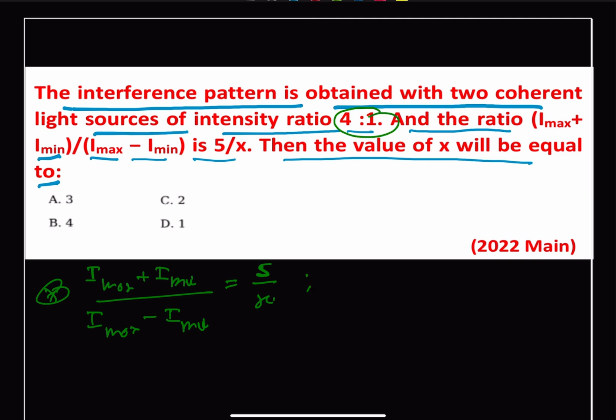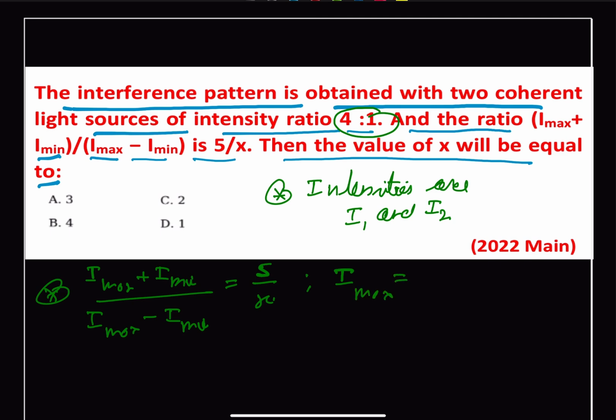So if the intensities are I1 and I2, we can write that our I max will be equal to square root of I1 plus square root of I2 whole square, and our I min will be equal to square root of I1 minus square root of I2, and this is whole square, and the ratio is given as 4:1.